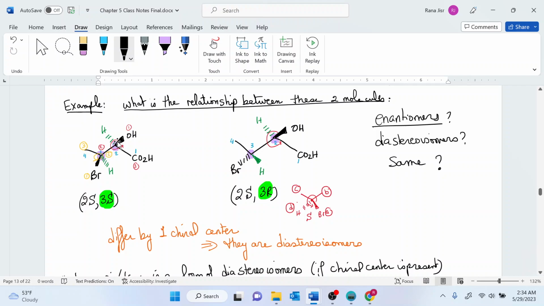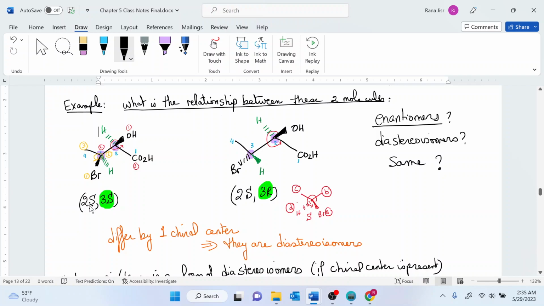So do your configuration in there. On this carbon over here, I'm going to start numbering from my carboxylic acid. It's fine, you are not numbering to name, so you can number anywhere you want. But I started numbering from my carboxylic acid to give carbon number 2, and did the configuration for that.